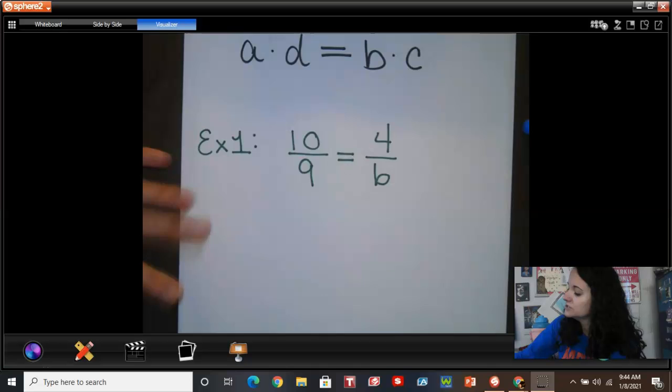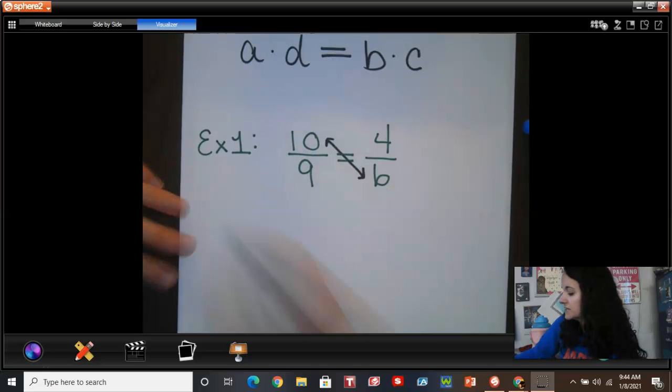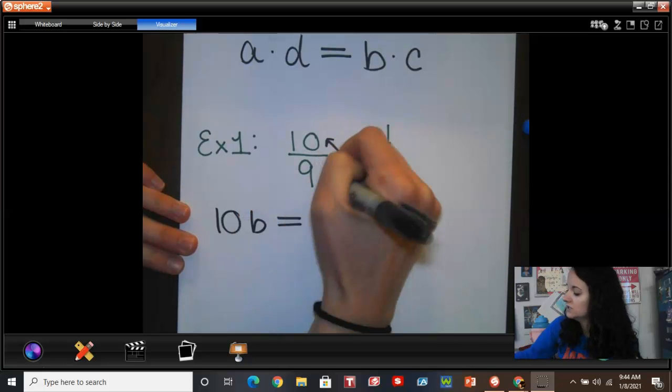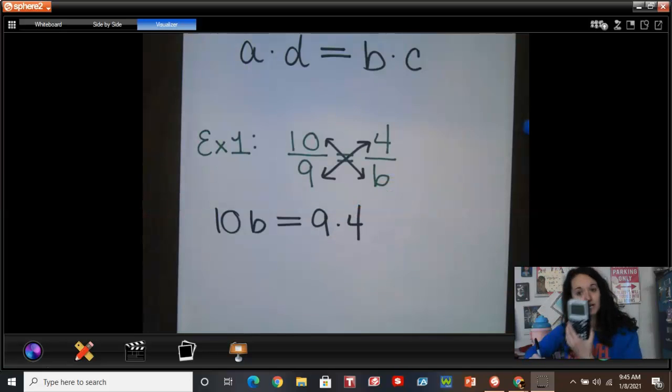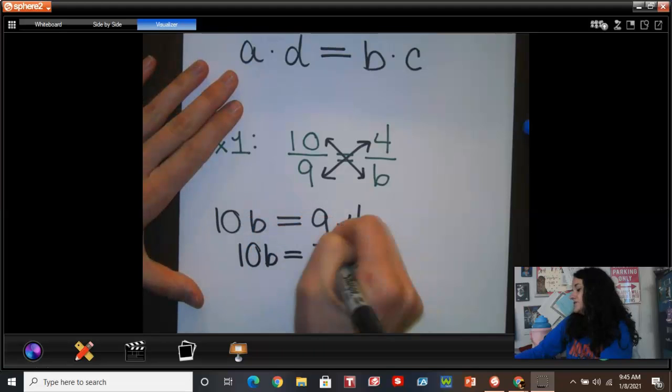So if we are to use cross multiplication here on example 1, we would have 10 times B is equal to 9 times 4, okay? Please use your calculator so that you don't make any simple mistakes, okay? So we're going to do 9 times 4. We get 36. So we have 10B equals 36.